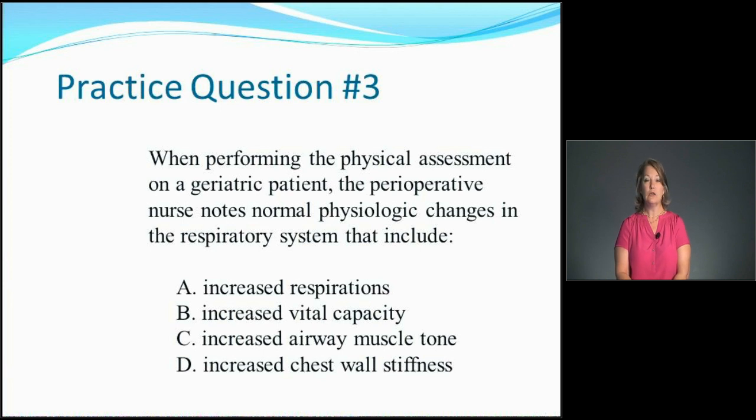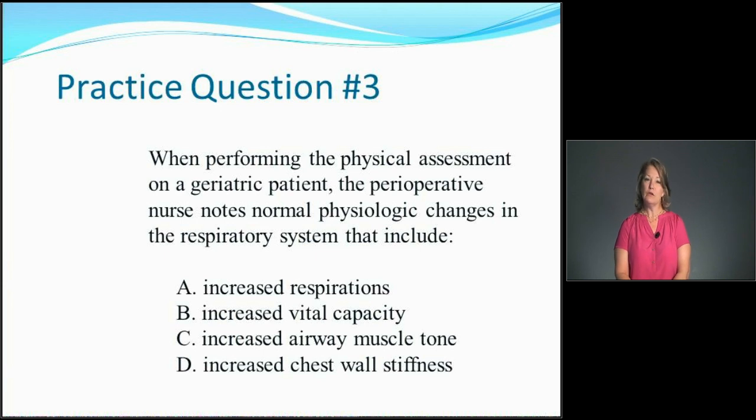A says increased respirations. With a geriatric patient, normal physiological changes include that their breathing actually slows down a bit. It does not increase, so they do not have increased respirations. B, increased vital capacity. No, they do not take these great, big, huge breaths. Their vital capacity actually decreases.